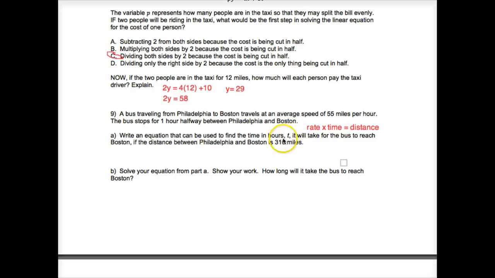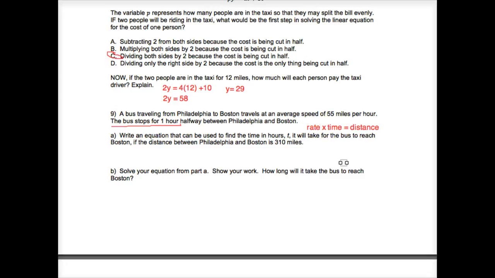But here's the trick, because I saw, as I was going around to stamp people's stuff, that a lot of you had the right idea as far as rate times time equals distance went, but you just did 55t equals 310. The tricky part of this question is the fact that it says the bus stops for 1 hour. So that means that the actual travel time is going to be 1 hour less than that.